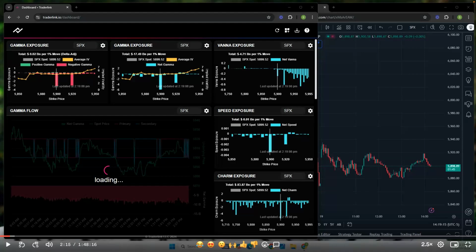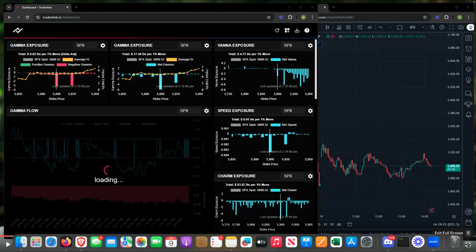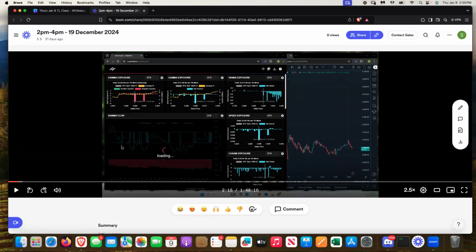You just want to be able to see the data and see the market in the easiest way imaginable. Even Vanna, some people may struggle with and it may take them a while to figure out, but hopefully with the combination of these tools, we can all get to a better understanding.